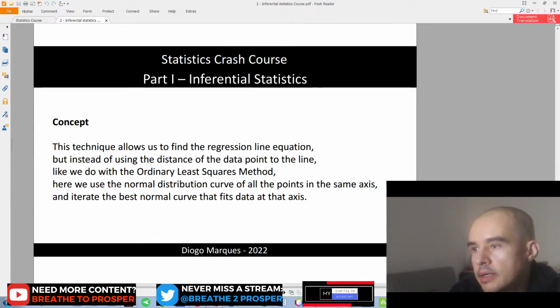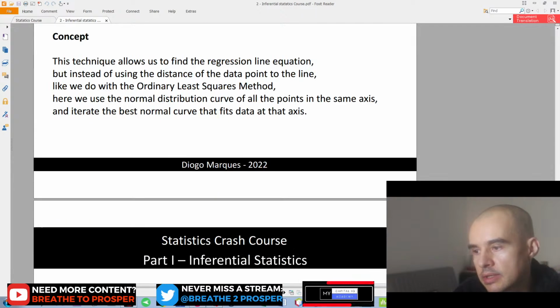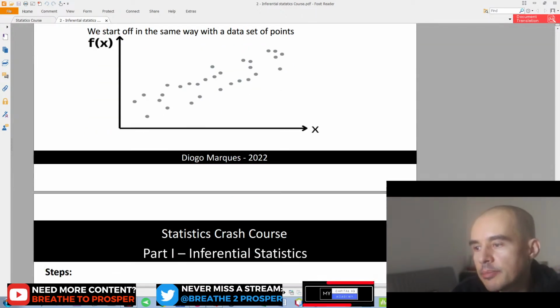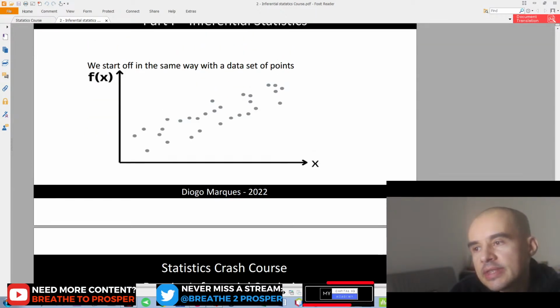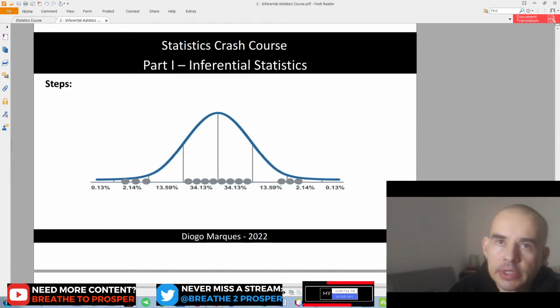So this next one, maximum likelihood estimator, is one of the most powerful ones, and especially in econometrics, we'll use this a lot. This is the key point. When we fit a line, the concept is we are using a Gaussian curve. And a Gaussian curve has a specific characteristic, which is that the derivative of this when it's equal to 0 is the maximum, you are at this point.